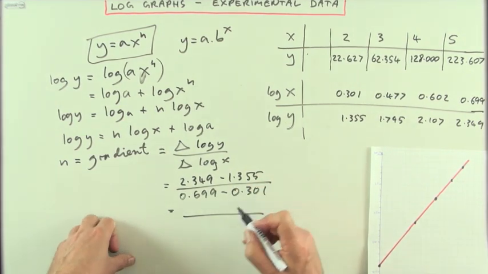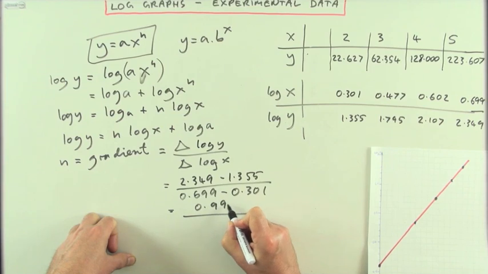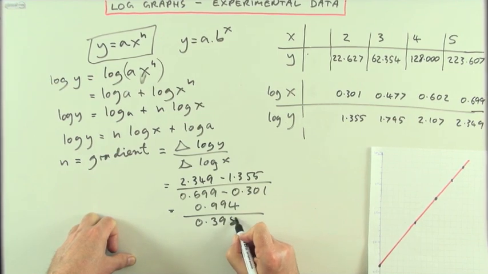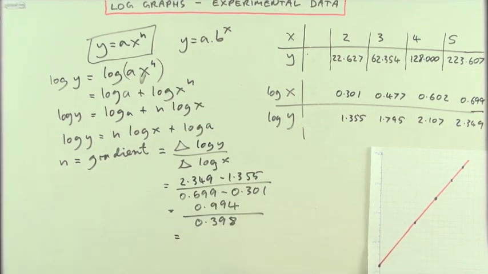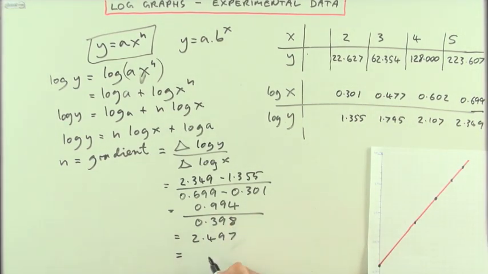A little calculation, not much different from before. Doing the subtraction, 0.994. Lower one, 0.398. Dividing that out, you would get 2.497. And again, realising that these are being approximated, I'd shorten that off to something convenient. So I'd have n equals 2.5 as before.